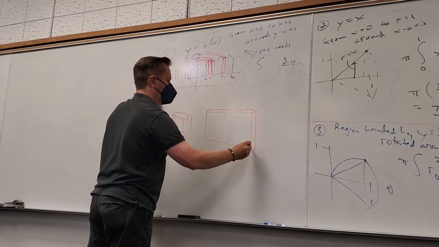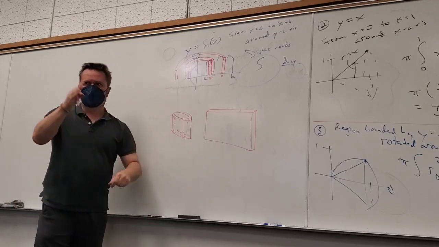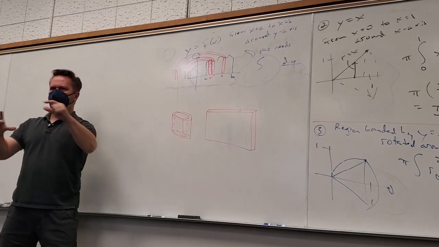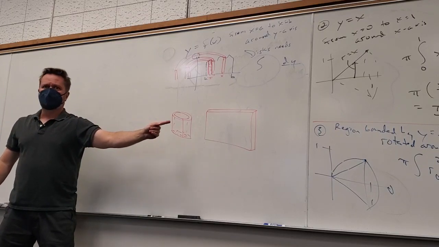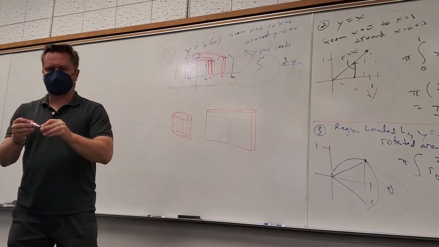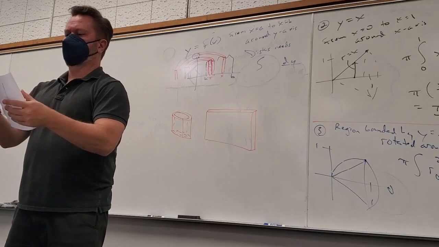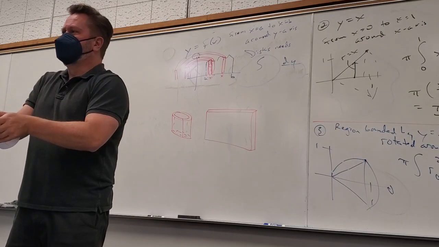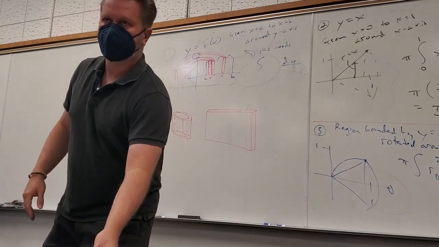Do you guys agree? If I chop it right here and open it up. I really want you guys to not just accept what I'm saying, but understand that is the reality, yes? Because if I just take this, oh, it's a cylinder, so if I open it, it's a rectangle. All right, that's all I'm saying.